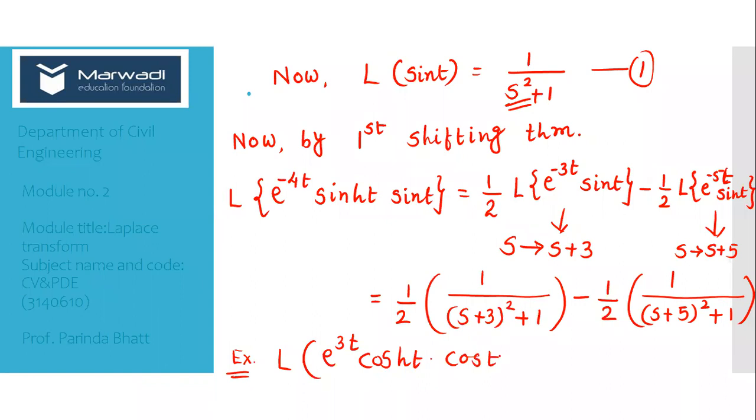Do it yourself, everyone. First, convert this. The hint is what to apply: cosh t equals (e raised to t plus e raised to minus t) by 2. Everyone do it quickly. I'm waiting for your answer in the chat box.